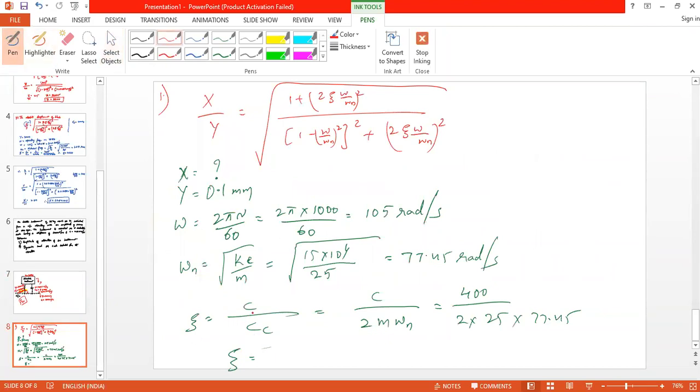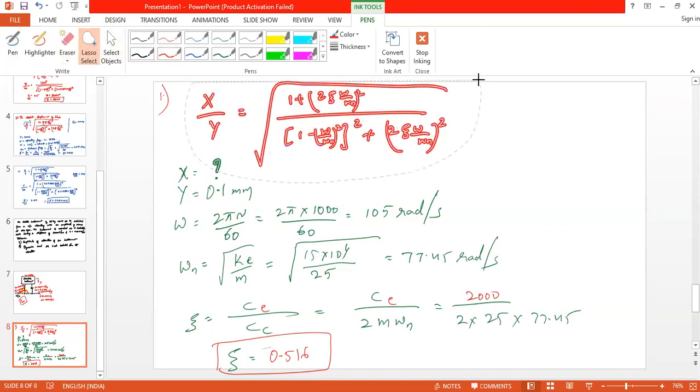So in place of C, I need to write Ce. Okay, so what is the value of zeta now? It is 0.516.